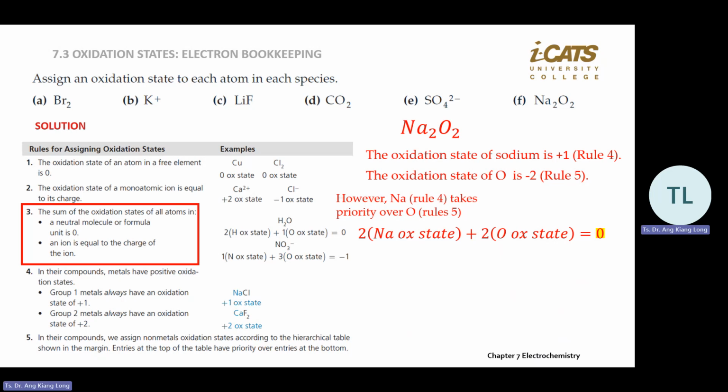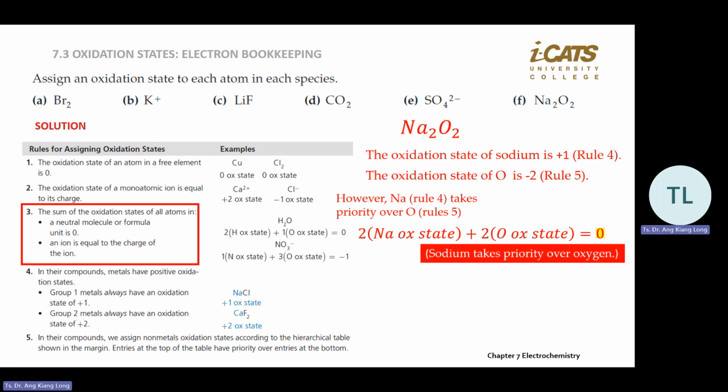In the previous examples, we always did oxygen first. But in this case, because of rule number 4, Na is in group 1, group 2. If you read the periodic table, for group 1 and group 2 you need to do them first. In this example, you need to do Na first.